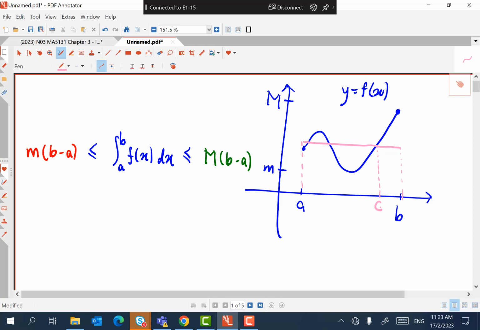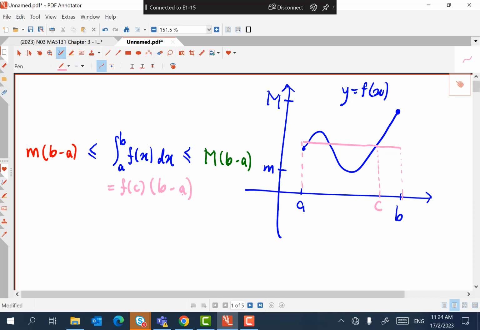I can draw a rectangle, in pink, where the pink rectangle has exactly the same area as the integration.